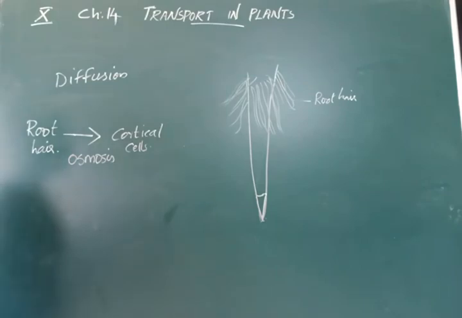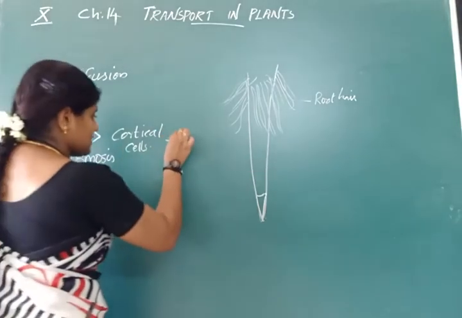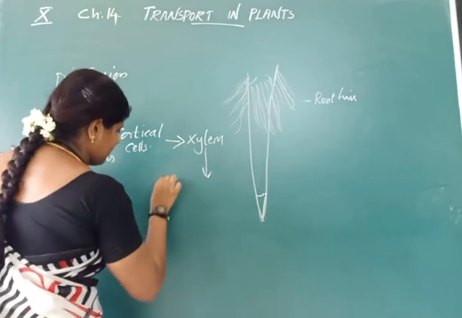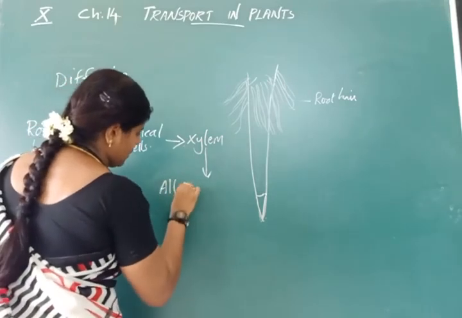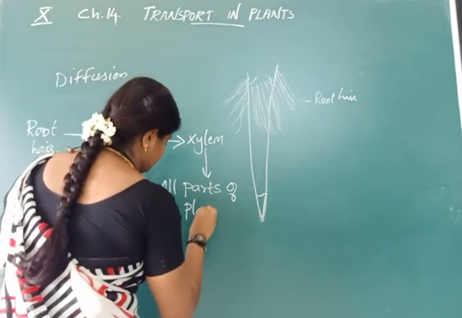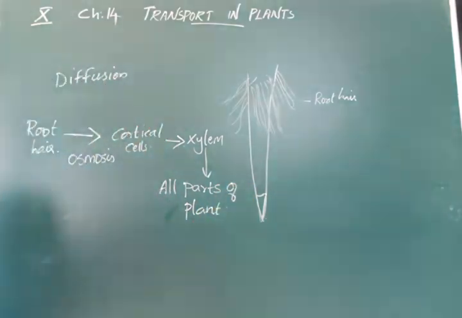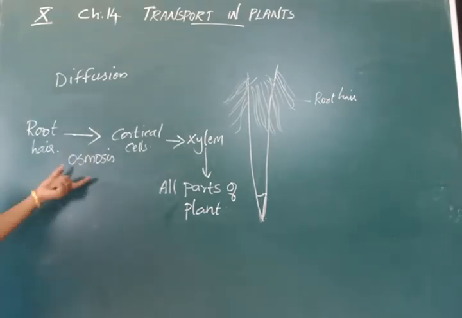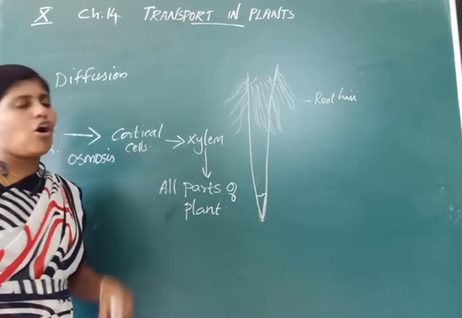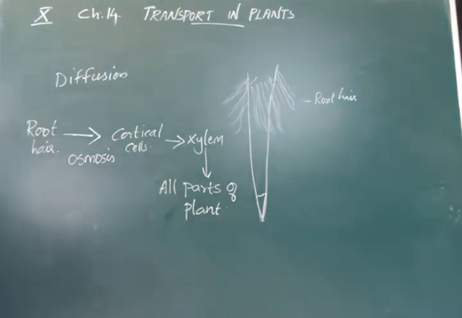Osmosis is the movement of water from higher concentration to lower concentration across a semi-permeable membrane. From cortical cells it moves to xylem, and from xylem to all parts of the plant body.